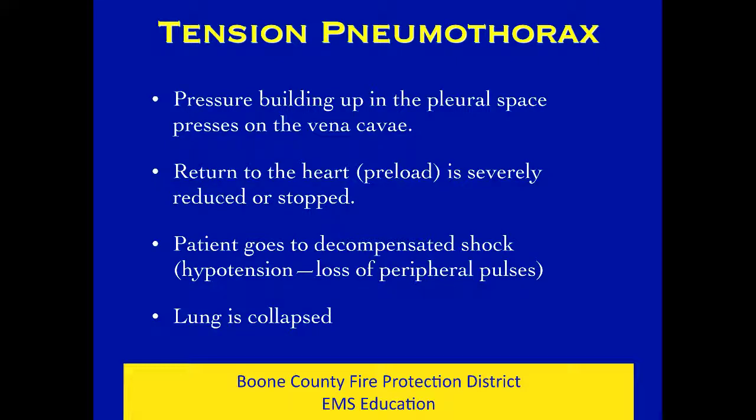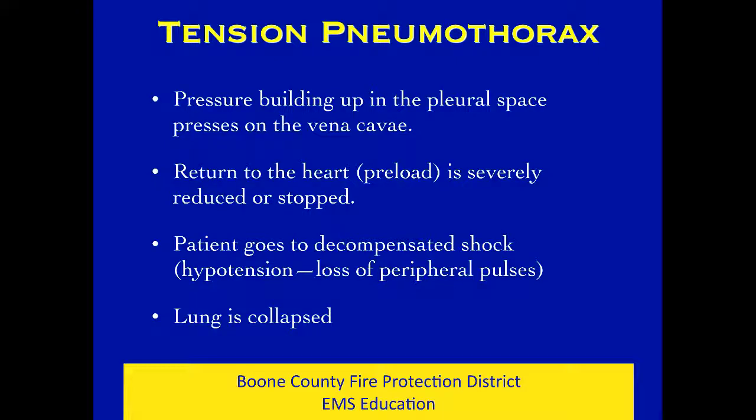And so as the tension builds up in one side of the chest, that pressure starts to push and move the structures in the mediastinum away from that pressured side. And when your heart moves from one side to the other, it doesn't just slide over nicely, it actually torques. And as it torques, it tends to kink the vena cava. Think of the vena cava as a collapsed hose, a collapsed fire hose, perhaps is a good analogy.